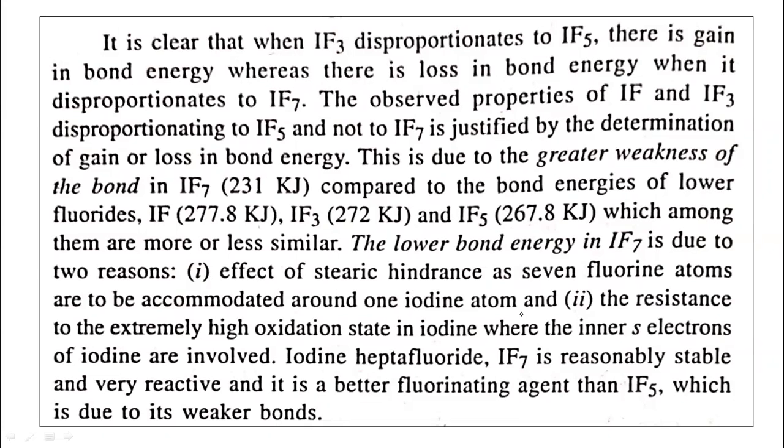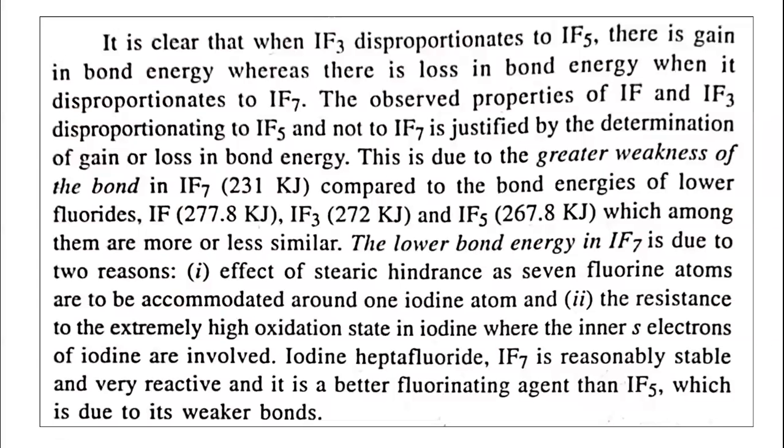Iodine undergoes +7 oxidation state, which would normally be impossible, but iodine shows that type of oxidation state. In the higher oxidation state, s electrons are also involved, so it is somewhat difficult. This is the reason why generally the disproportionation does not take place. So it is about the disproportionation of interhalogen compounds.